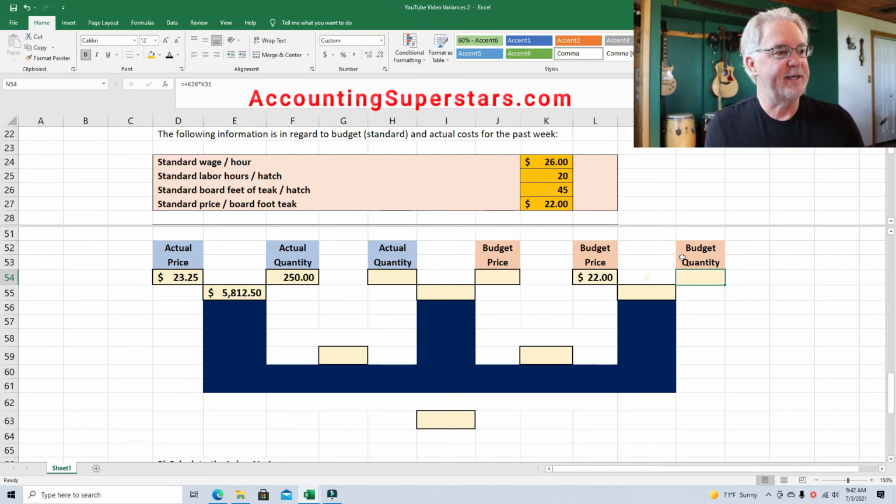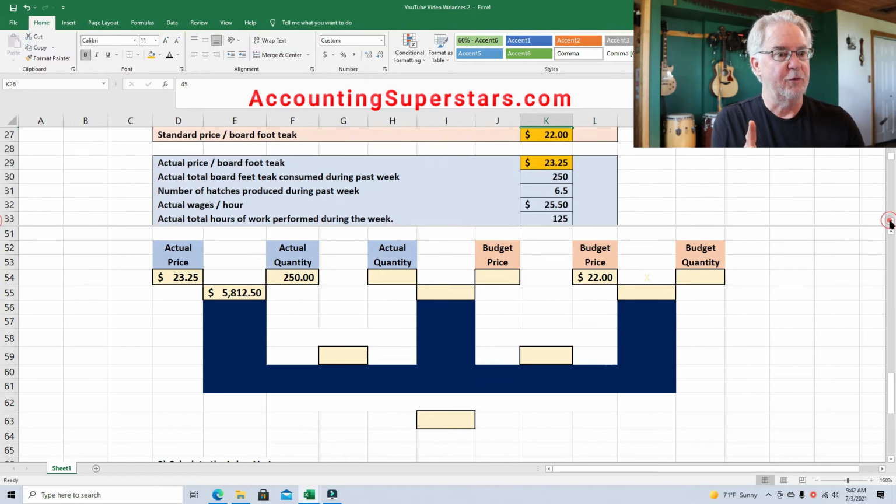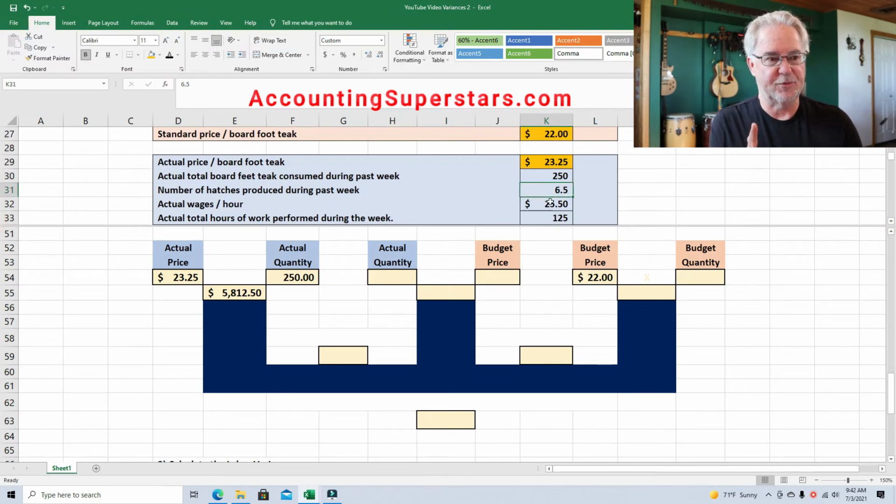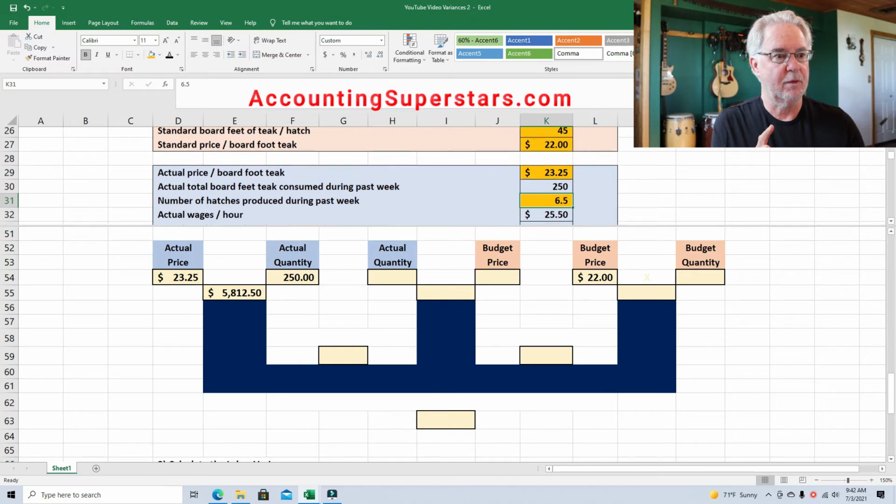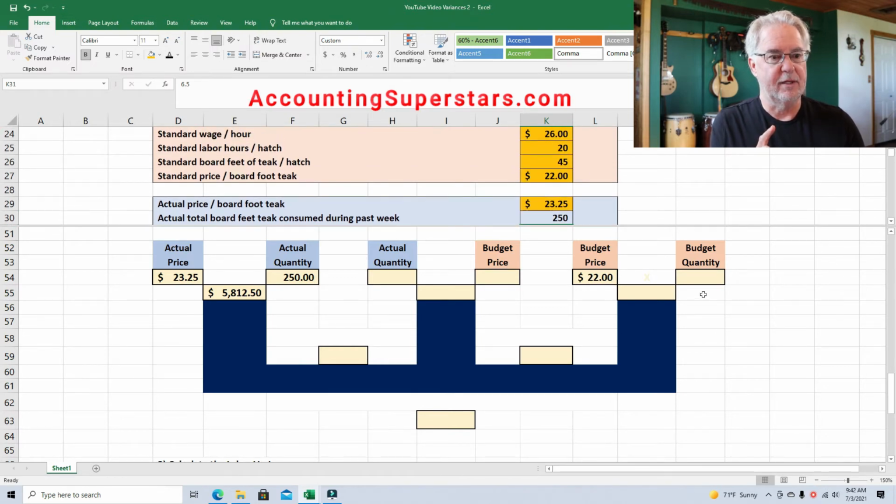So the budgeted quantity: it takes 45 board feet to make one hatch, but we didn't make one hatch. How many hatches did we make? We made 6.5 hatches, right? So we have to go 6.5 times 45, and if we do that, we get 293.